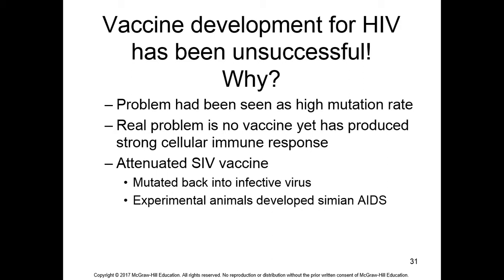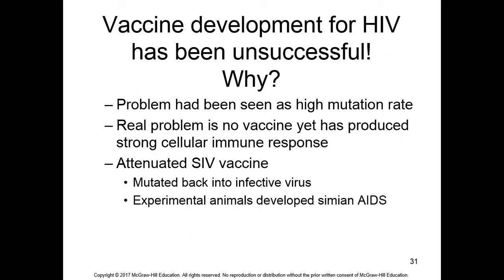So, with reference to the development of a vaccine against HIV, what are the problems? The problem is mainly the high mutation rate. When the virus enters the host cell and converts from RNA into DNA using the reverse transcriptase enzyme, that is the time when most of the mutations happen. So the real problem is that no vaccine has yet produced a strong cellular immune response, and that is why we are still not able to provide any vaccine for this.